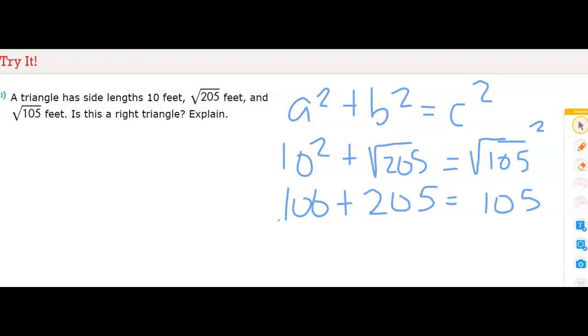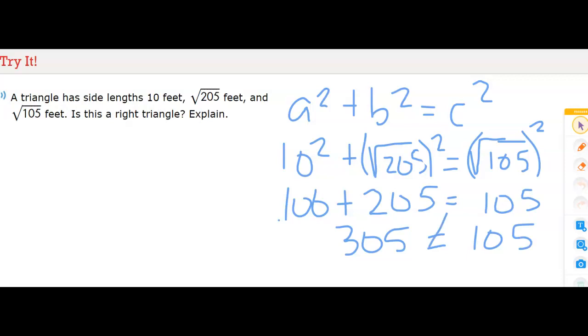When you have these square root situations, you would have parentheses around it so you know to find the square root first and then do the square. When you find the square root and then square it, it comes right back to that number. So 100 plus 205 is 305. 305 is equal to 105. That is not equal to each other.